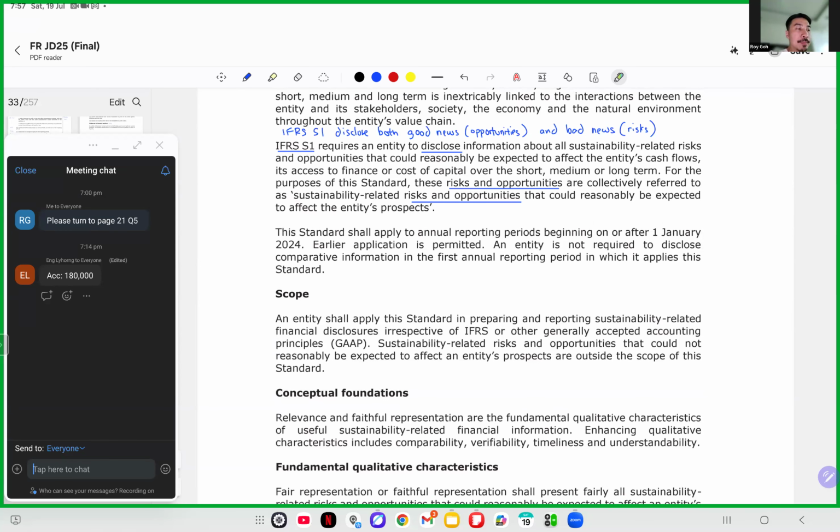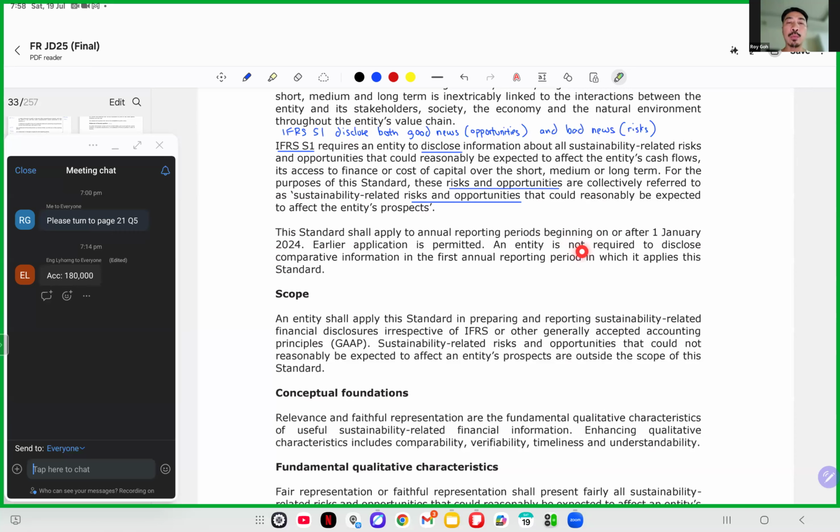Because if the year started on January 24, the year must end on December 24. Then your audit firm must come and audit in 2025 the financial statements of 2024. All right. And you have to show this.